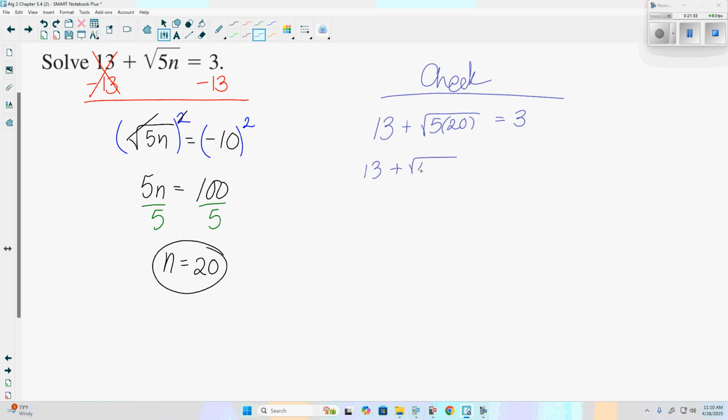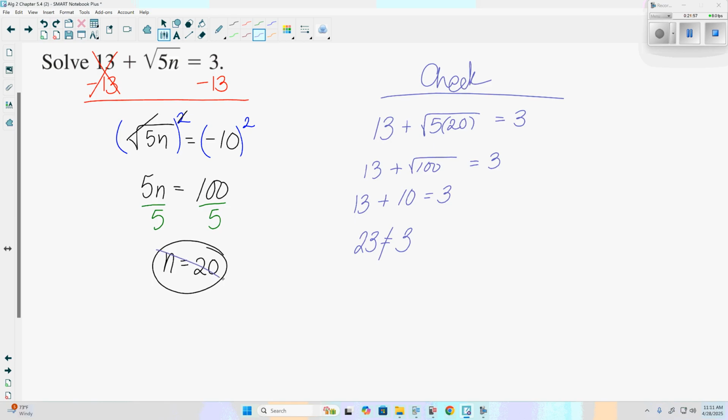Well, 5 times 20 is 100. What times itself is 100? Well, that would be 10. 13 plus 10 is 23. Is 23 equal to 3? Well, no.